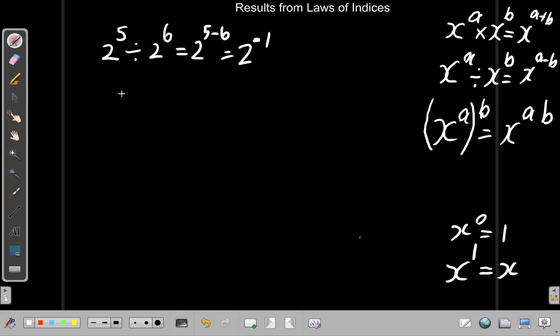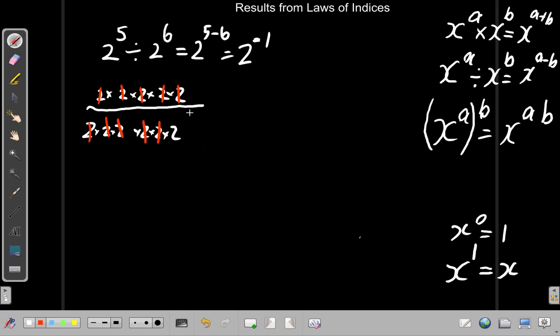Now, let's look at it more closely, or in more detail. 2 to the 5 is 2 by 2 by 2 by 2 by 2. So we have 5 2's, and they multiply each other. Divided by 2 to the 6, which is 2 by 2 by 2 by 2 by 2 by 2. 6 2's, and they all multiply each other. Let's do some cancelling. 2 cancels 2, 2 cancels 2, 2 cancels 2, 2 cancels 2, 2 cancels 2.